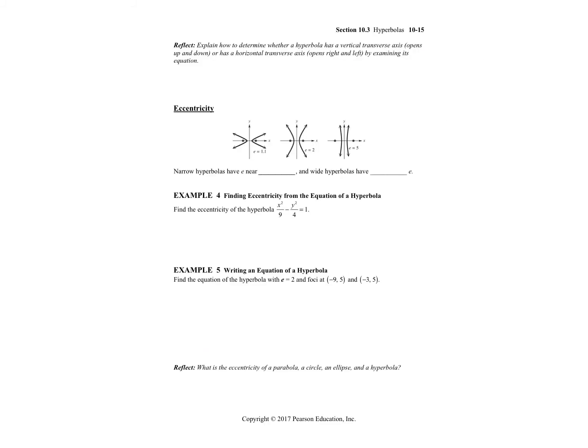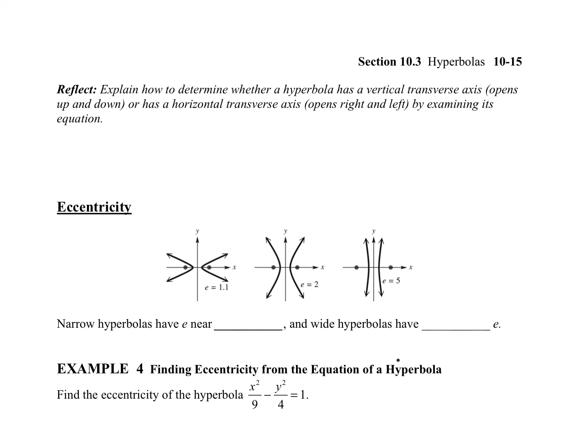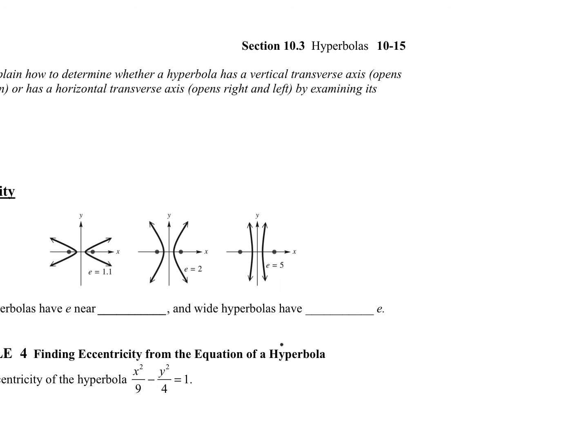Let's go on. All right, reflection. How do you determine whether a hyperbola has a vertical transverse axis, that's up and down, versus a horizontal transverse axis? If you recall what I said, if it opens up and down, we know that's a vertical transverse axis because the vertex, the focus, the vertex, the focus create an invisible axis, okay?